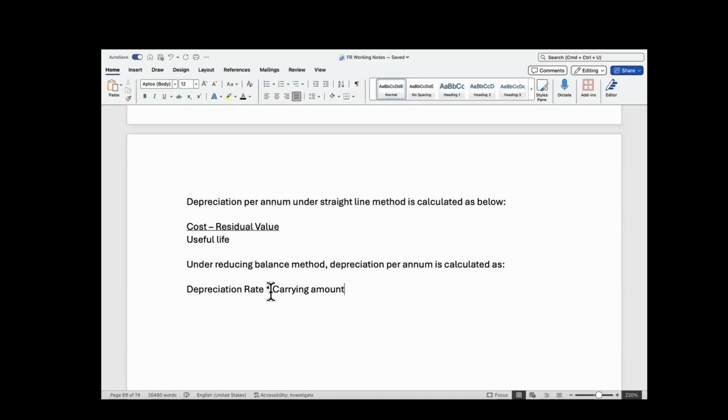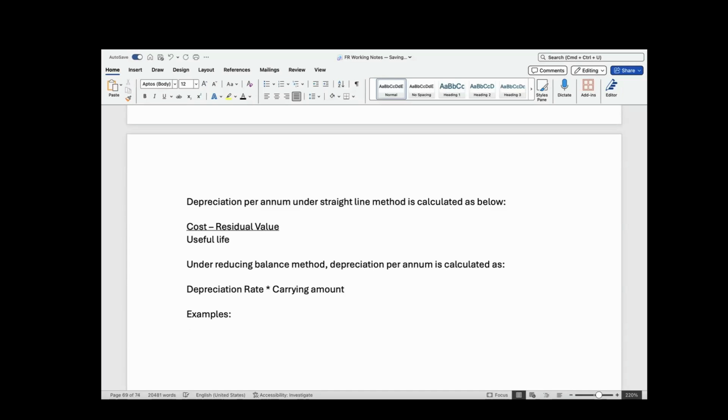So applying a rate on a reduced value will give you, of course, a depreciation amount that is reduced every year. So this is typically how depreciation is computed, and it's not difficult at all.